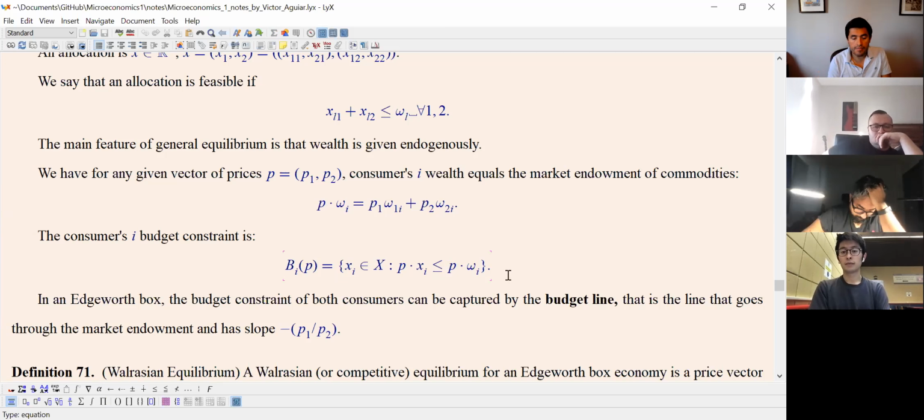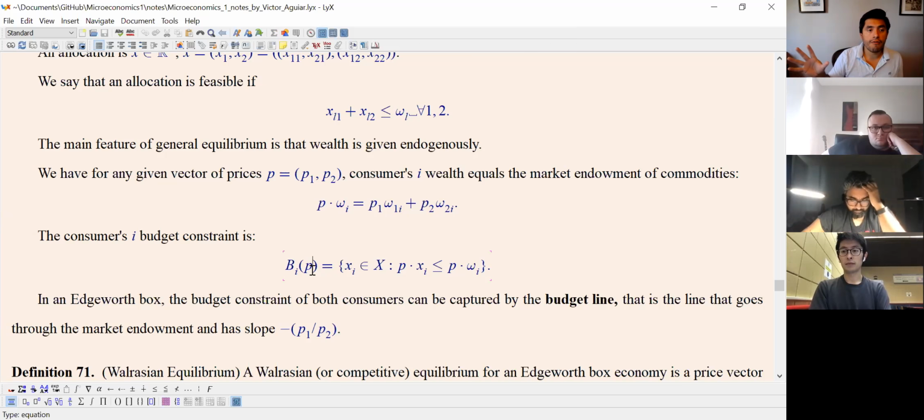The endowment is a vector, right? Also, a big caveat here: Mas-Colell has bad notation. Omega is an endowment, right? This is the experimenter fixing the initial quantities of goods, apples and oranges.